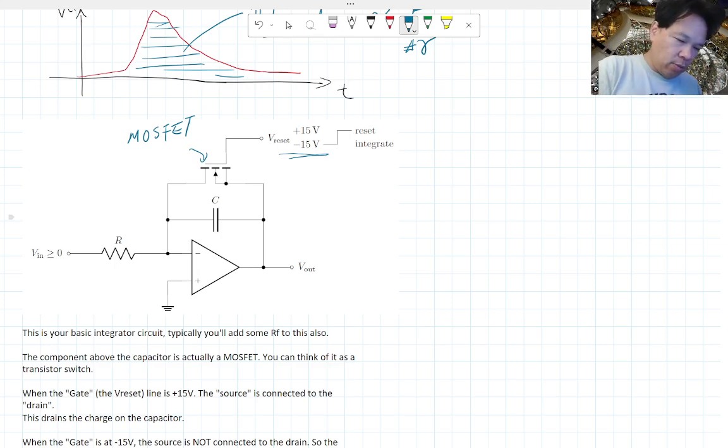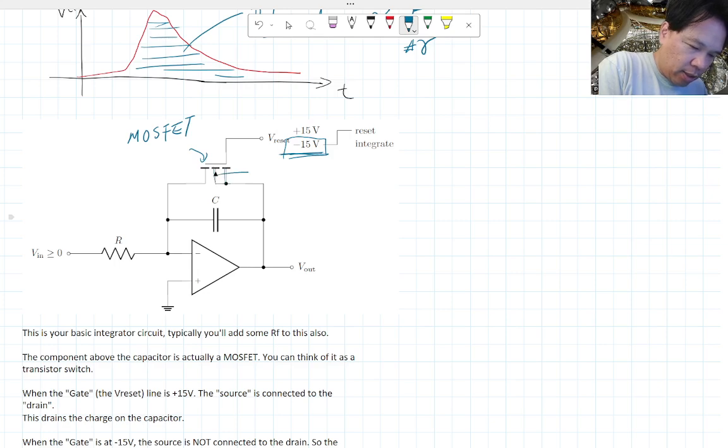The way the switch works, let's do the integrate part. If the voltage at this reset latch is at -15, the wire connects here.